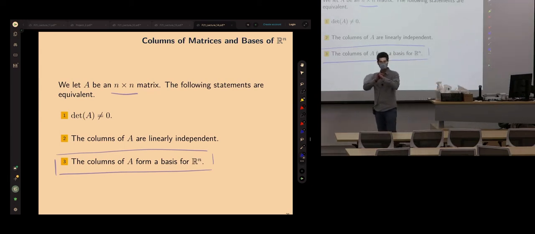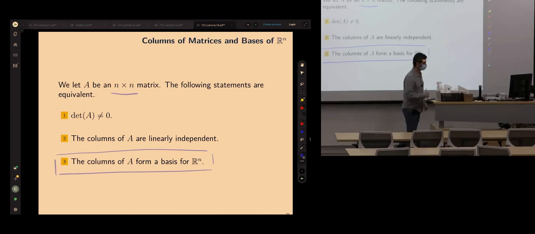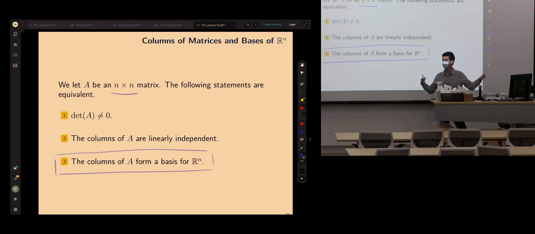The span of its column space is the entire Rn, right? Another way to say this is that your n by n non-singular matrix can take any vector and turn it to any other vector in Rn, because it spans the entire space.